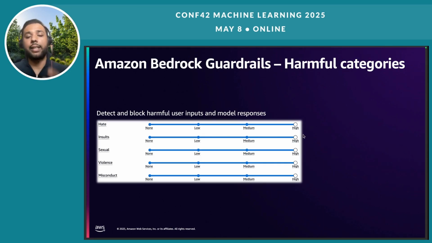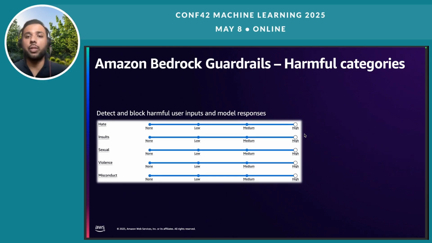For example, if you put everything to high, then for your specific use cases, based on the business you're running and the questions asked by customers, if there are genuine questions, we do not want them to get a negative response like, sorry, I can't answer this question, from the LLM.